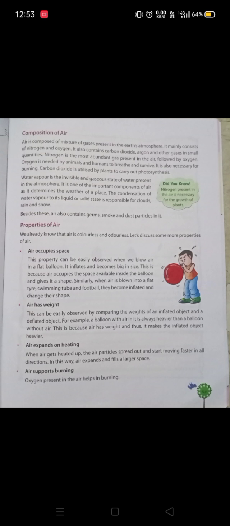Alright, so here you see water vapor is the invisible and gaseous state of water present in the atmosphere. In the atmosphere we have water vapor also, which we cannot see, and it is present in the gaseous state. Why can we not see it?